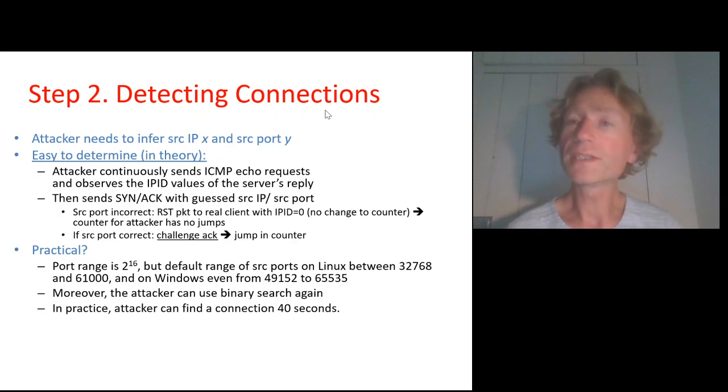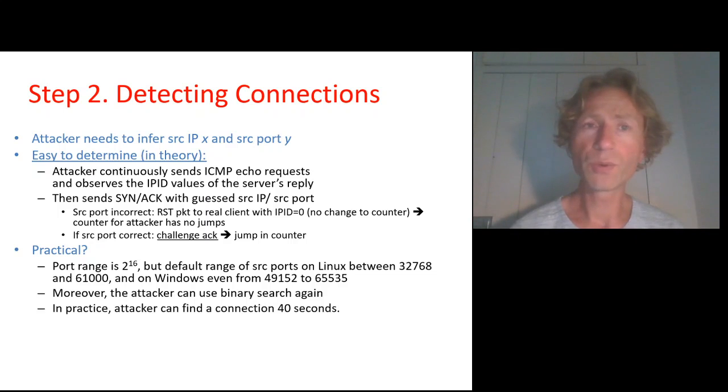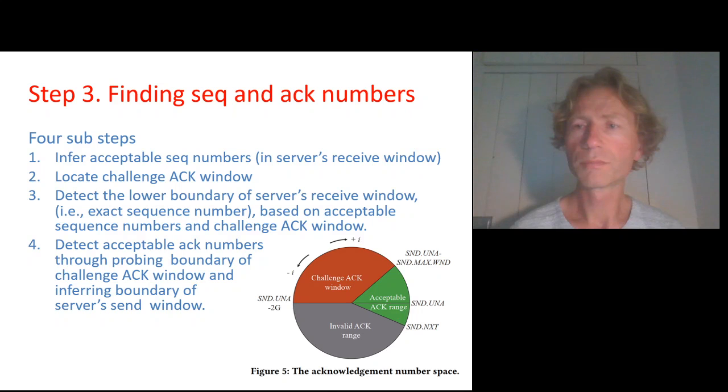So in practice, the answer is yes, this is practical. You can find a connection in about 40 seconds, is what the paper reports. You basically can do this in a batch, and then halve the batch, and then halve the batch again, and so on. So we can detect connections.